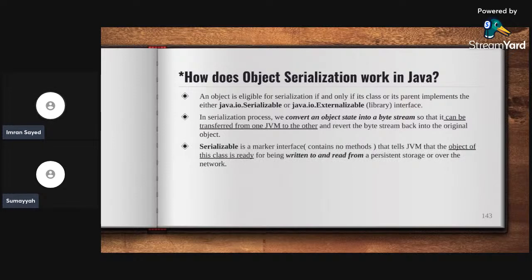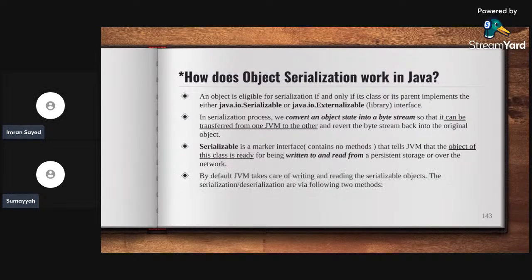Serializable is a marker interface, which contains no methods, and it tells the JVM that the object of this class is ready for being written to or read from a persistent storage like a file or over the network. By default, the JVM takes care of writing and reading the serializable object.